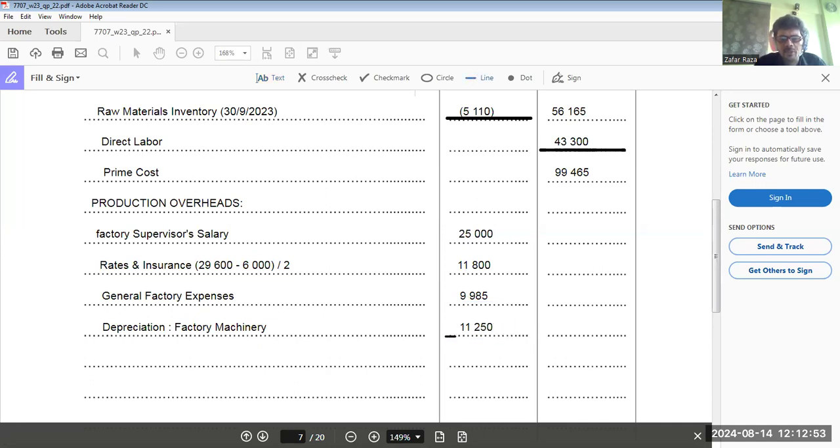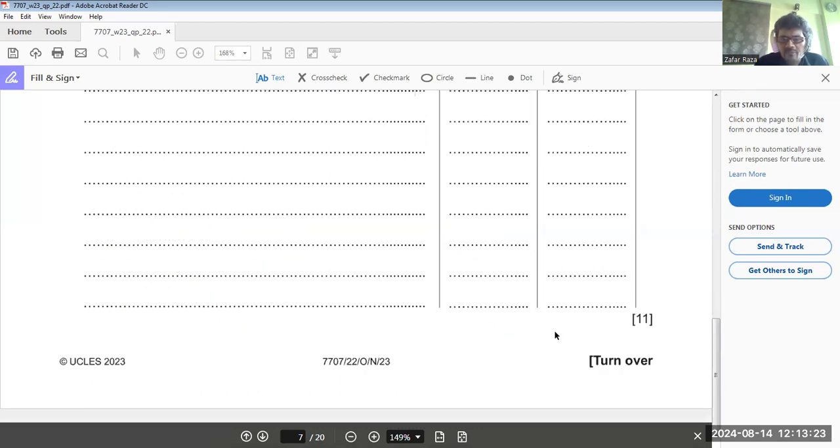Now we'll get total production overhead. 1, 2, 3, 4 items: 25,000 plus 11,800 plus 9,985 plus 11,250 is 58,035.